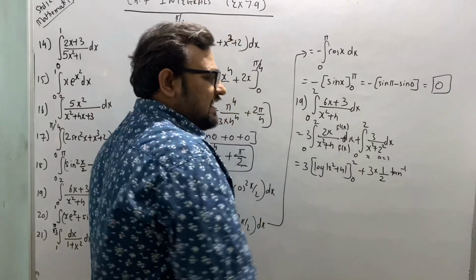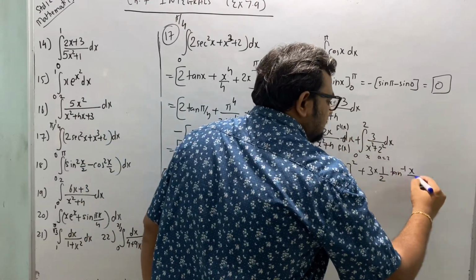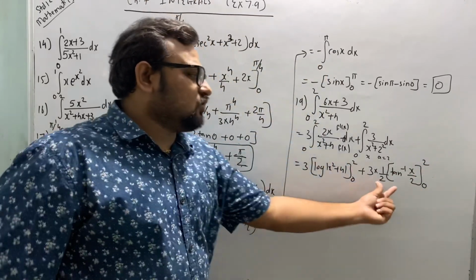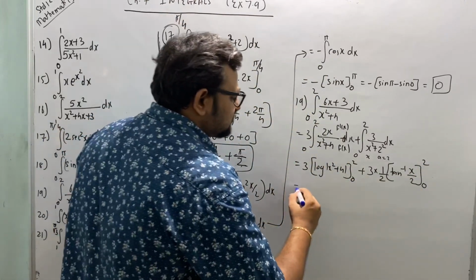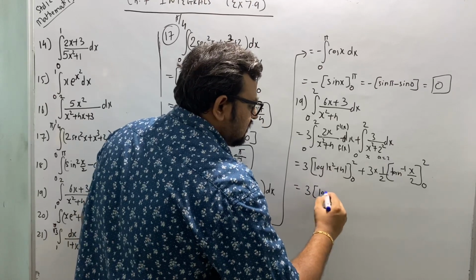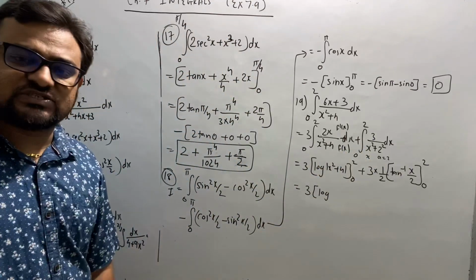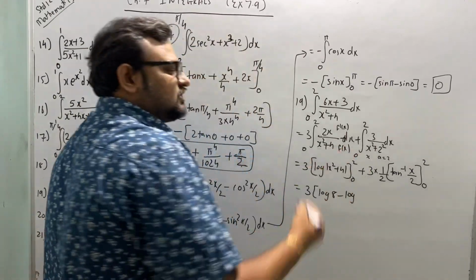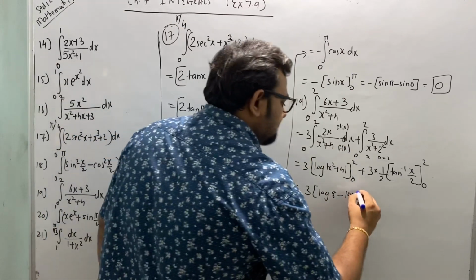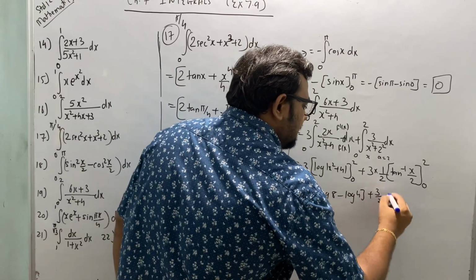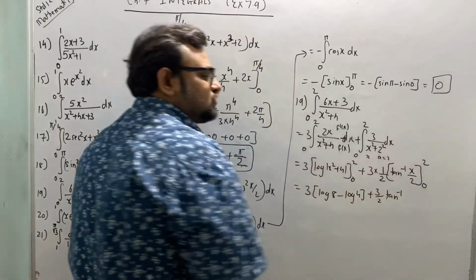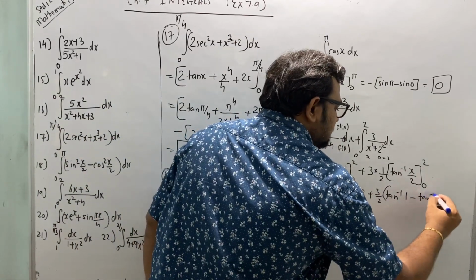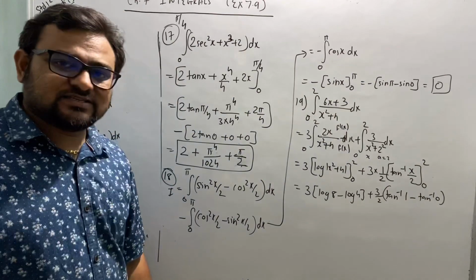Tan inverse x by a, what is x? x by 2, 0 to 2. I am taking the constant term outside. So now this will be equal to 3 log of 2 square means 4 plus 4, 8, minus log of 0 square, 0, 4, plus 3 by 2, tan inverse 2 by 2, that is 1, minus tan inverse 0.